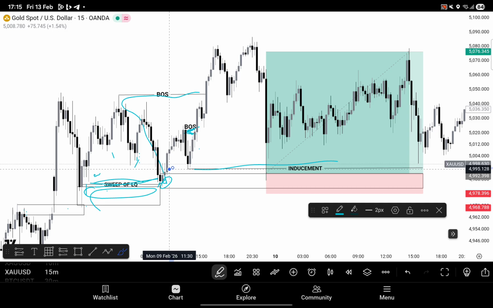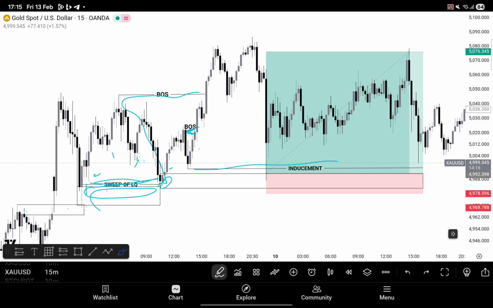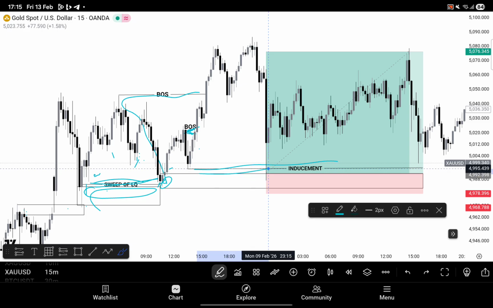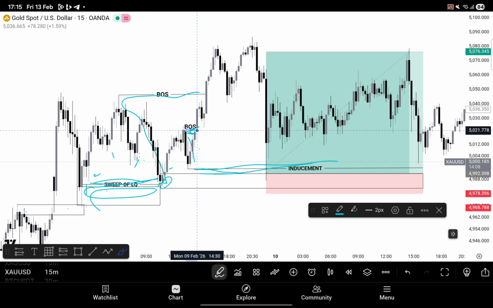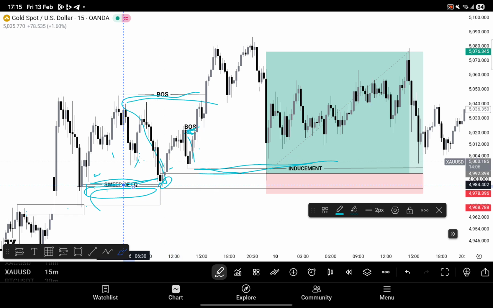So we might overlook the sweep of liquidity because we have these mitigations. We are not talking about order flow here. You can see over there the inducement, which serves as liquidity. You can see a break of structure, a sweep of liquidity, and the fair value gap at that point of interest.